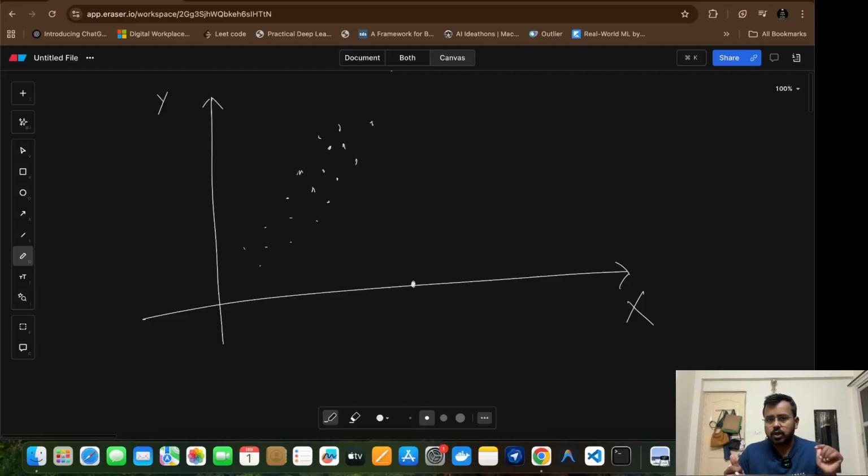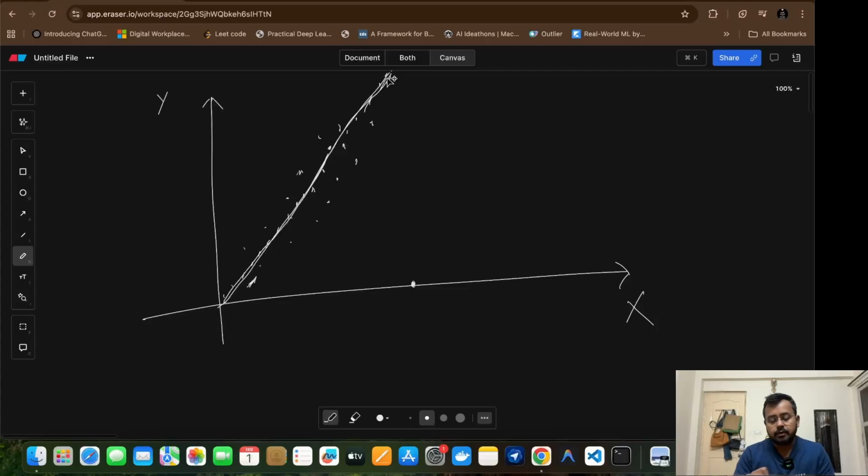Our common sense will tell us that okay, we do not have perfectly linear data, but we can assume it to be perfectly linear data because it looks like it is following a line, right? If we make a line through it, it seems to be following that, right? It seems to be along this particular line. So what we will do, we will make a line which is going through this data.